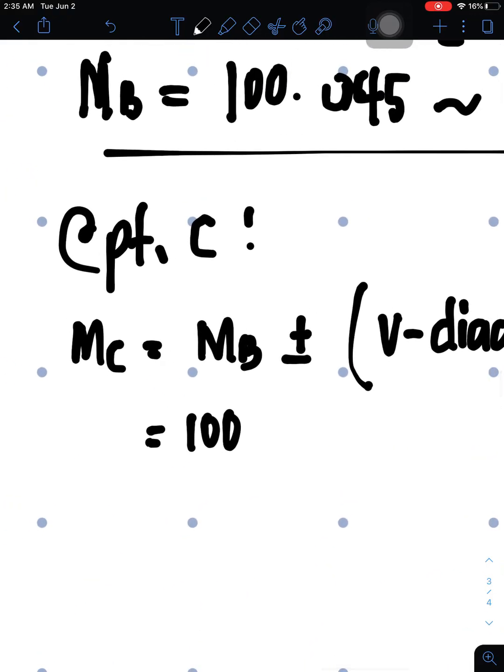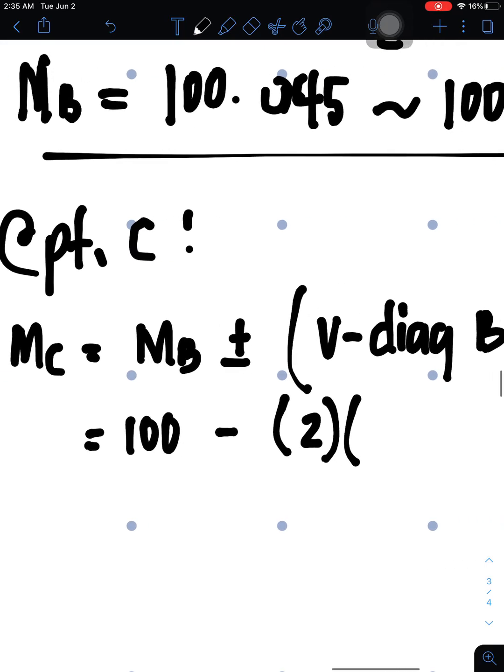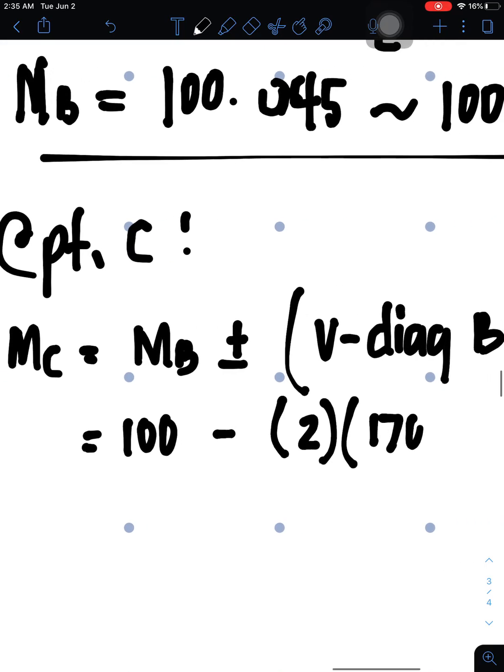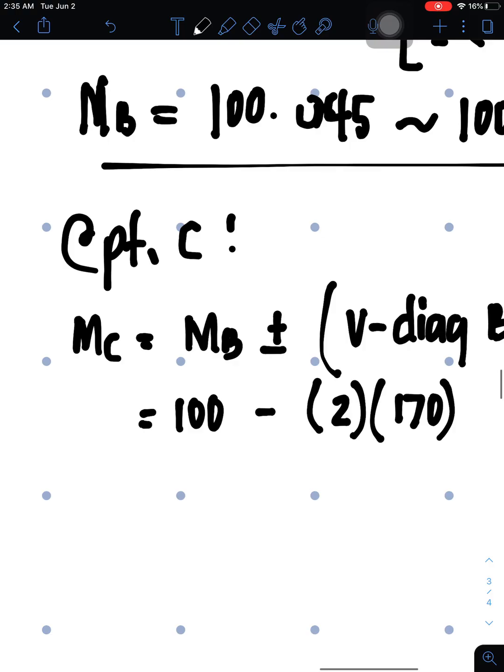So negative shear, negative area, and I'll place here base 2 and height 170. Again, I did not put the negative on the 170, since it's already accounted for.